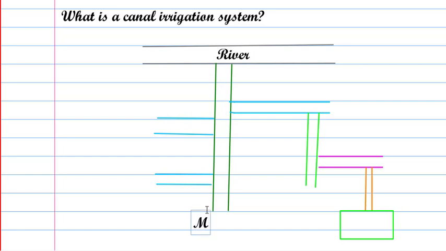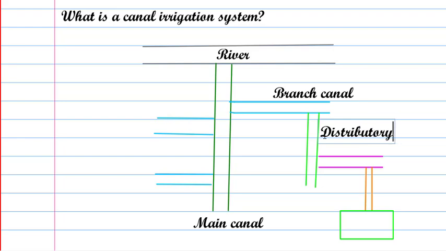This is our main canal, and then there will be another one, which we will call branch canal, and next one, this one will be our distributary, and this will be our minor distributary.